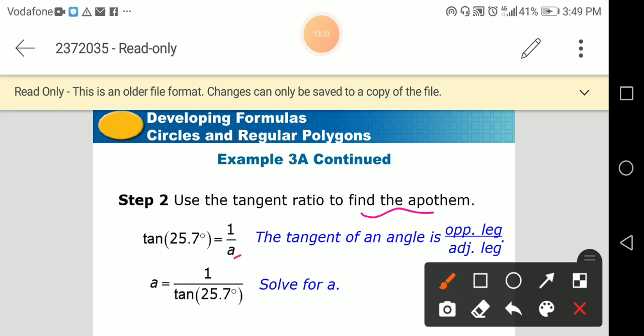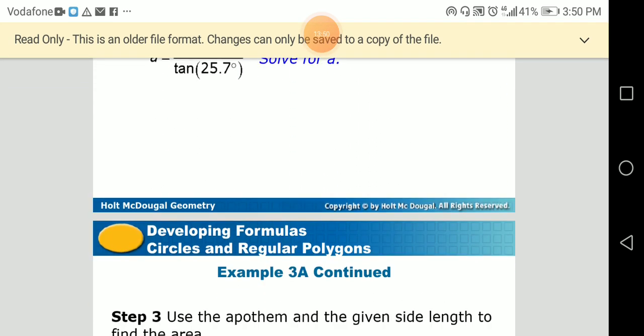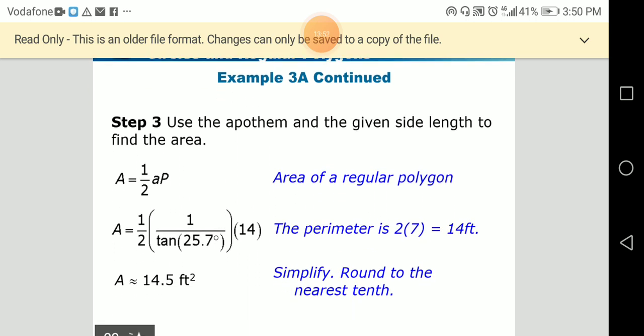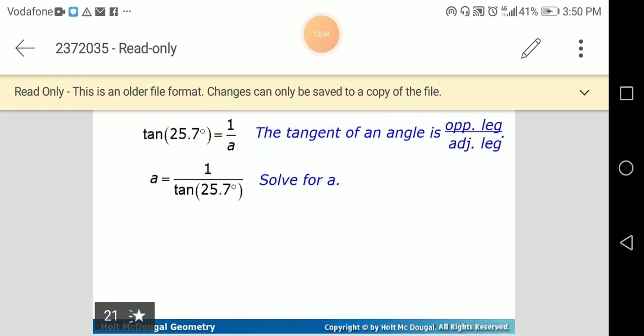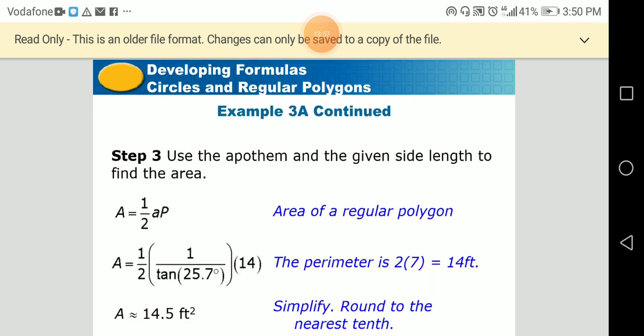I need to find the adjacent, so because of cross multiplication, A equals 1 over tangent of 25.7. After that, using the calculators, you'll find the value.